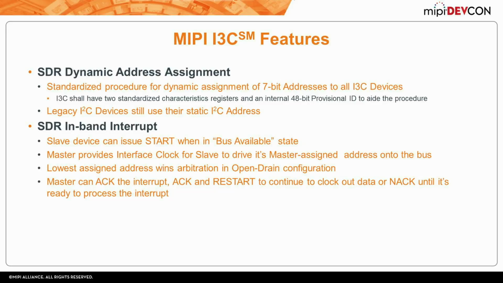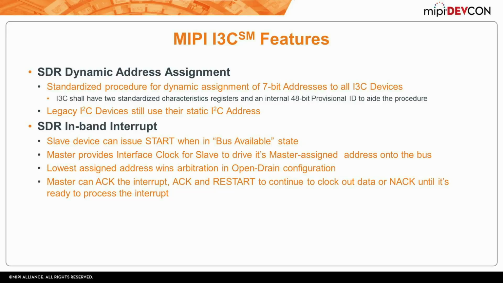So, sorry about that. So let's talk about, at a high level, the dynamic address assignment. So it's a standardized procedure for assigning a 7-bit address, very similar to the static address that exists in I2C, but instead this will be pushed to you during initialization. But what comes with that is some requirements for the slaves. So 2 standardized characteristics registers, which are defined very clearly in I3C, as well as a 48-bit provisional ID that aids the procedure along.